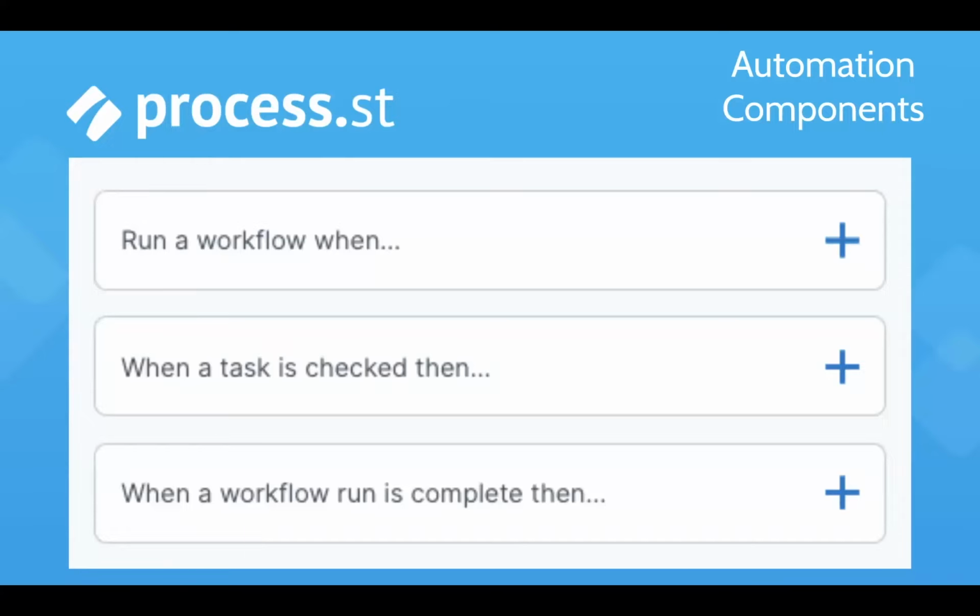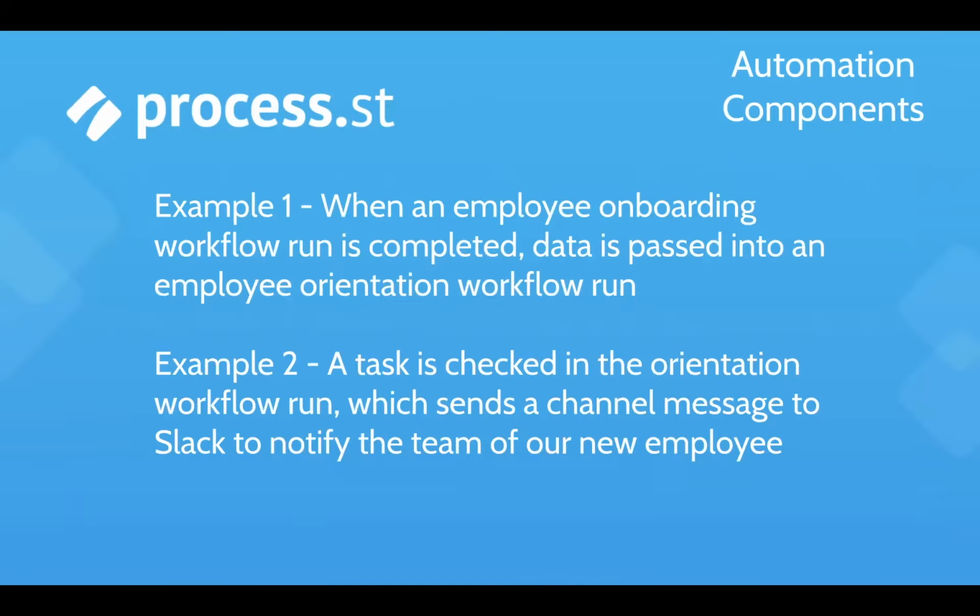The third one is when a workflow run is complete, then do something. When our hiring workflow is complete, run an onboarding workflow for that new hire. We've gone through our list of applicants, we've selected which one we want, and we've got the information for that person. Now we need to onboard them. And we'll give you a couple of examples of how that works.